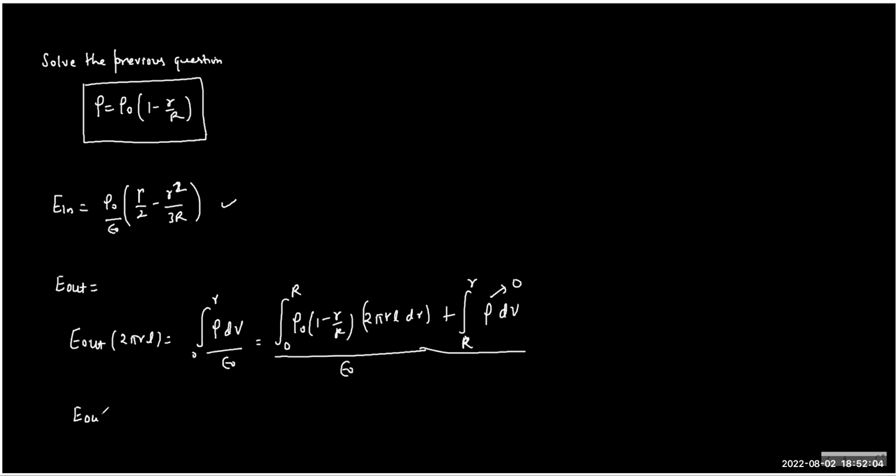So your answer would be E out 2 pi RL on the LHS, and the RHS is 2 pi rho naught L will be outside. That we have (R minus r square by R) dr. And what we are left with, you can see clearly, is R square by 2 minus R cube by 3R, which is like R square by 6, right?